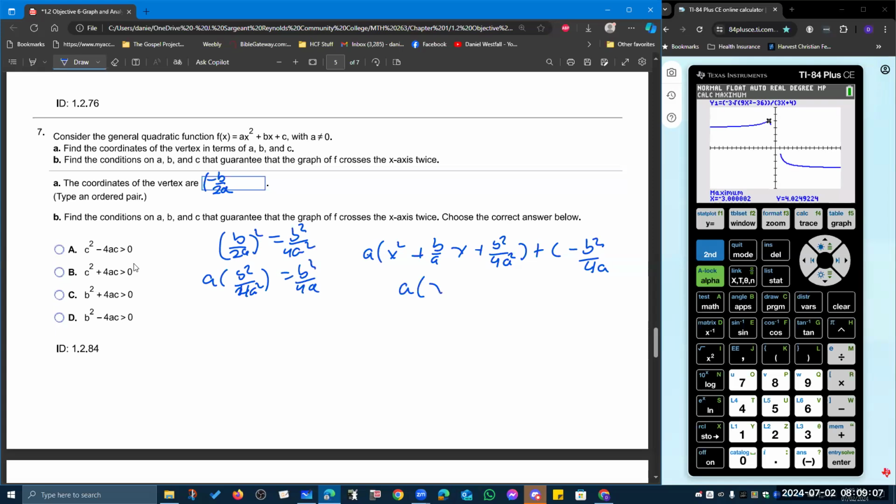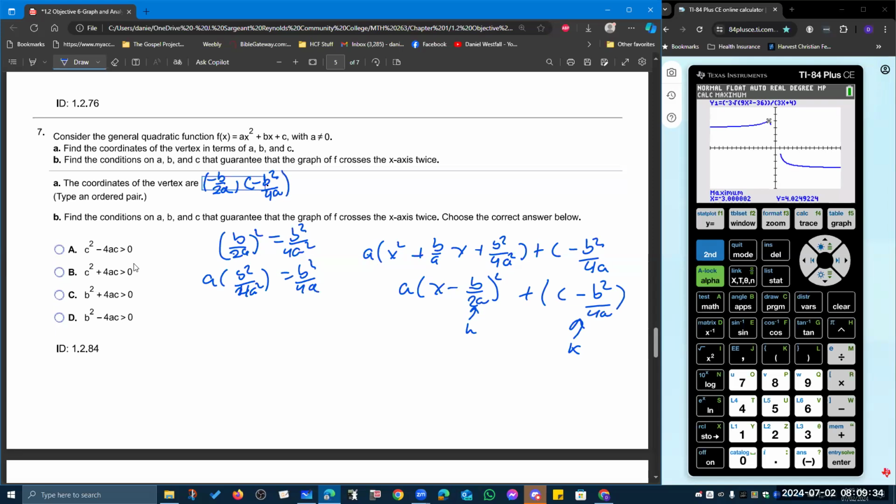That makes this x minus b over 2a, quantity squared. And then plus this is c minus b squared over 4a. This is my h value of my vertex. This is my k value of my vertex. C minus b squared over 4a.